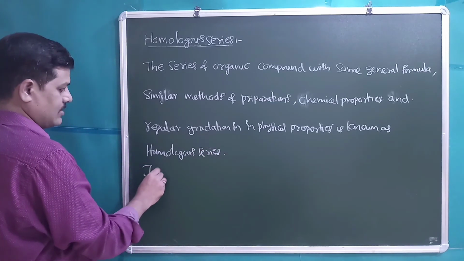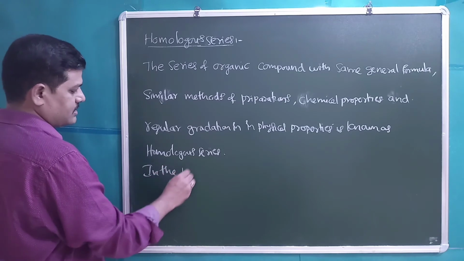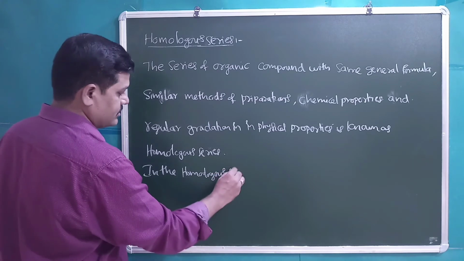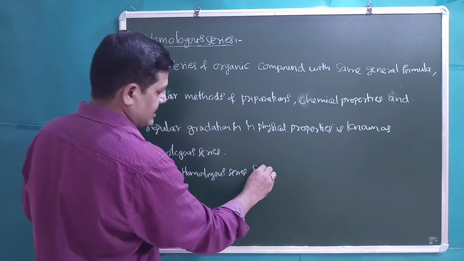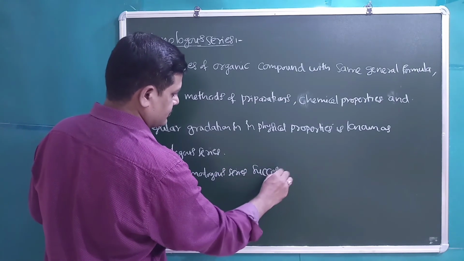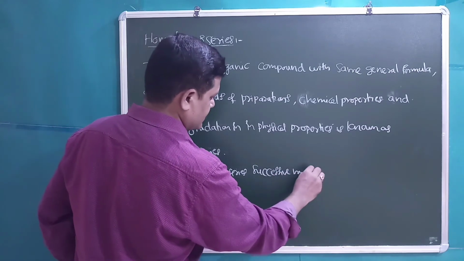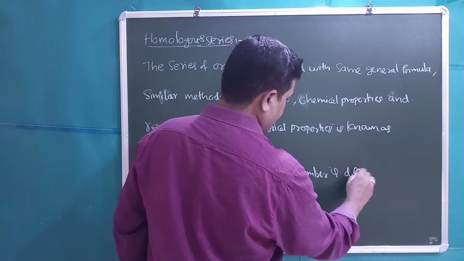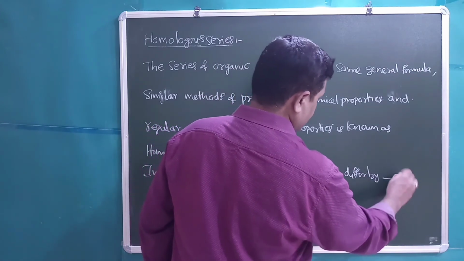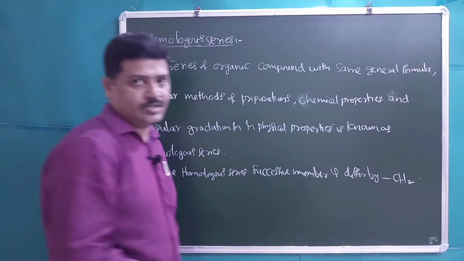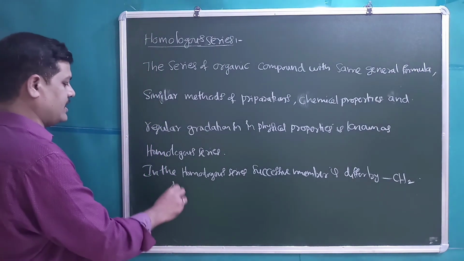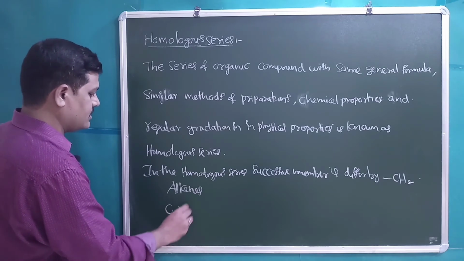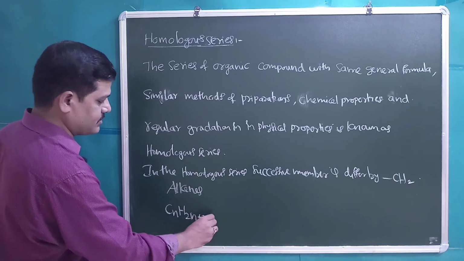And students, in the homologous series, successive members differ by one CH2. For example, if we take alkanes, general formula CnH2n+2.